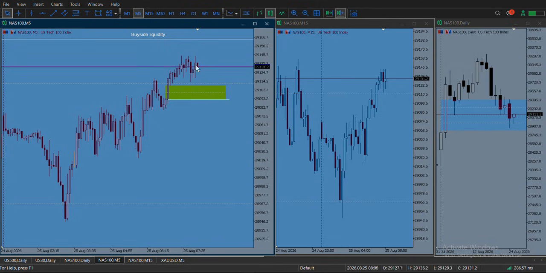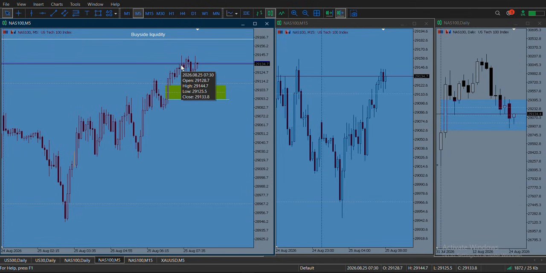So we're trading down at 130s. This candlestick's high is 144. So I won't be surprised if we see a run higher into that 144 level.